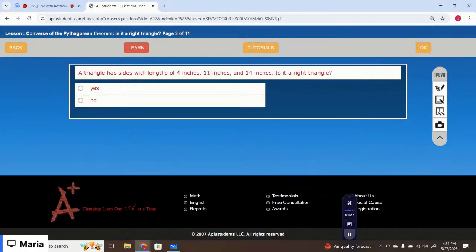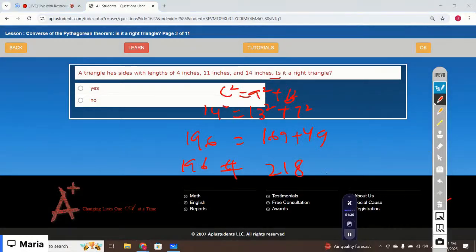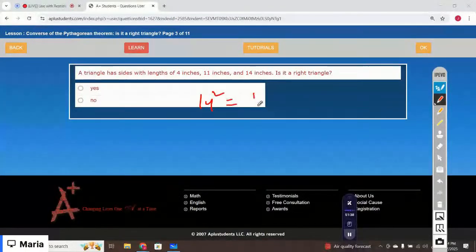A triangle has side lengths of 4 inches, 11 inches, and 14 inches. Is it a right triangle? So let's check that. 14 is the longest side, so 14 square equals 11 square plus 4 square. 196 versus 121 plus 16. So 196 is not equal to 137, right?